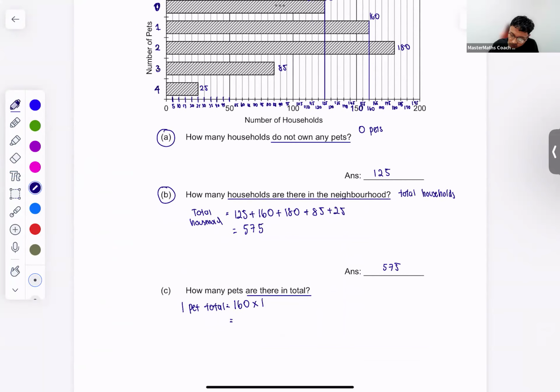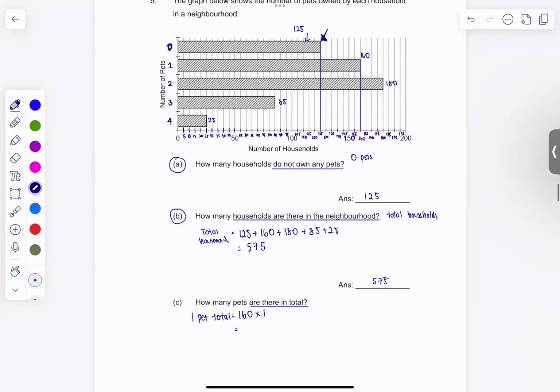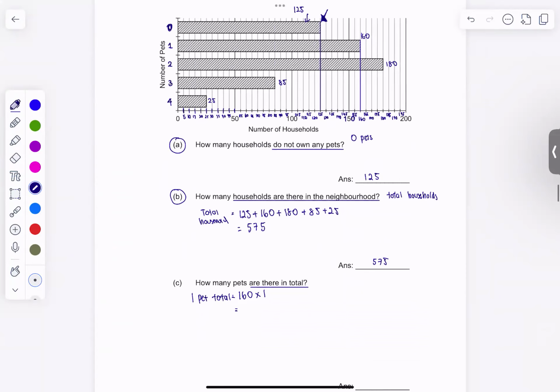Can't see. I can't see. Okay, like that. Is it better? Yeah, like that. Okay, 160 times 1 gives me 160. Next, two pets total: 2 times 180. 2 times 100 and 80.